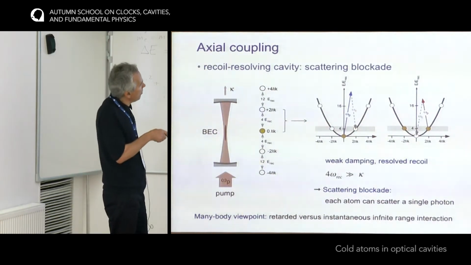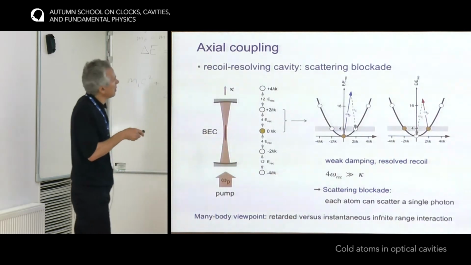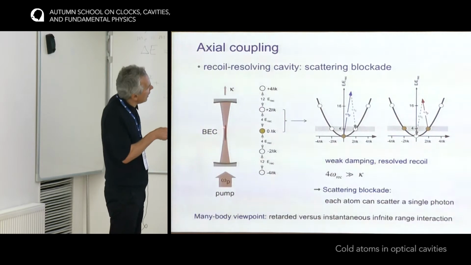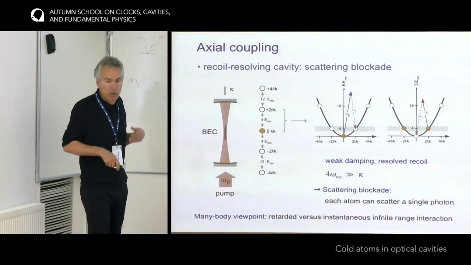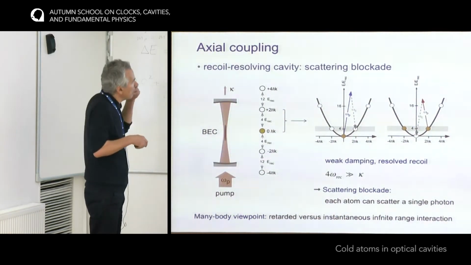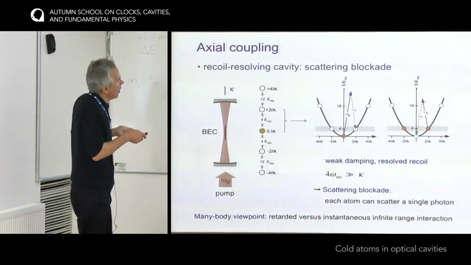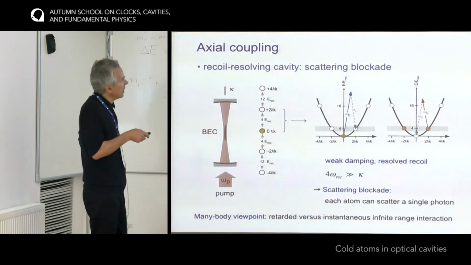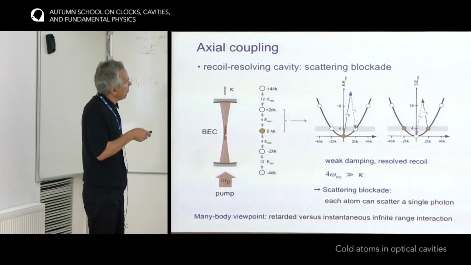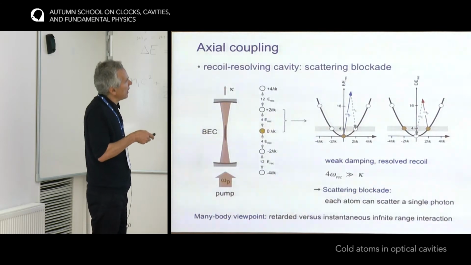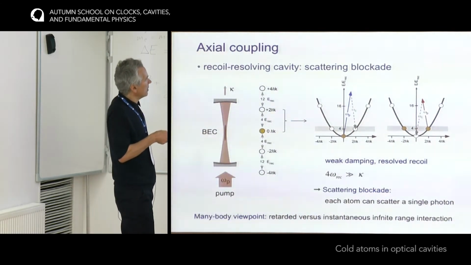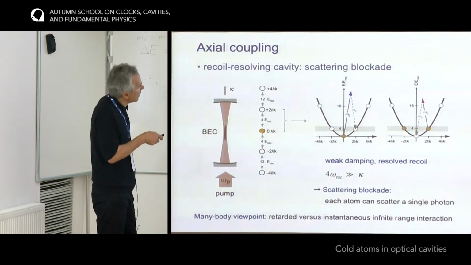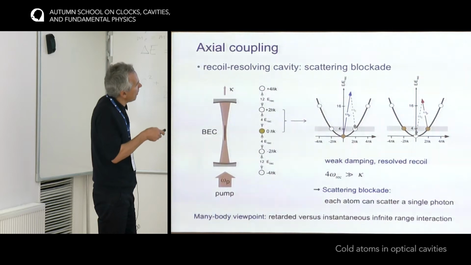If we place the BEC at time t equals 0 in the center of the mode, and we neglect interaction for a moment, modeling our atoms as independent, non-interacting atoms, then we can think of the BEC being represented by atoms in the 0 h bar k state. By scattering photons along the cavity axis, we can go to these different momentum modes.